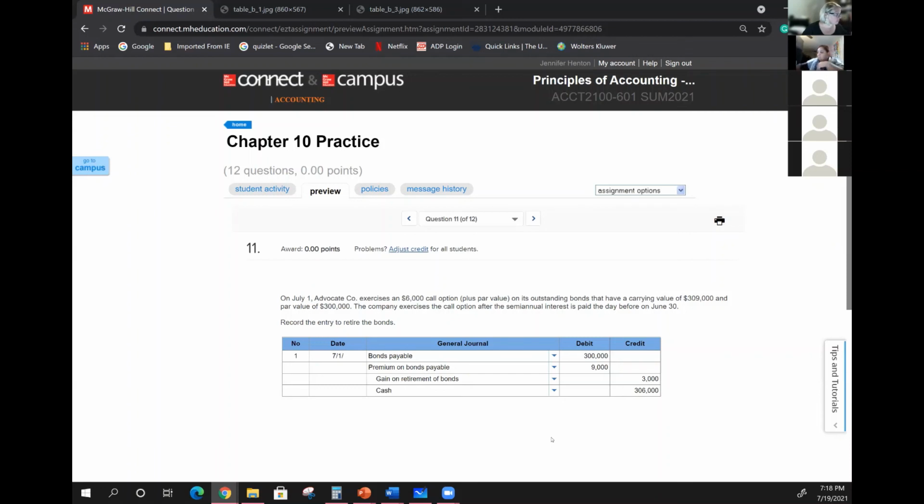Maybe not 304, it would have to be more than the 3,000 difference.